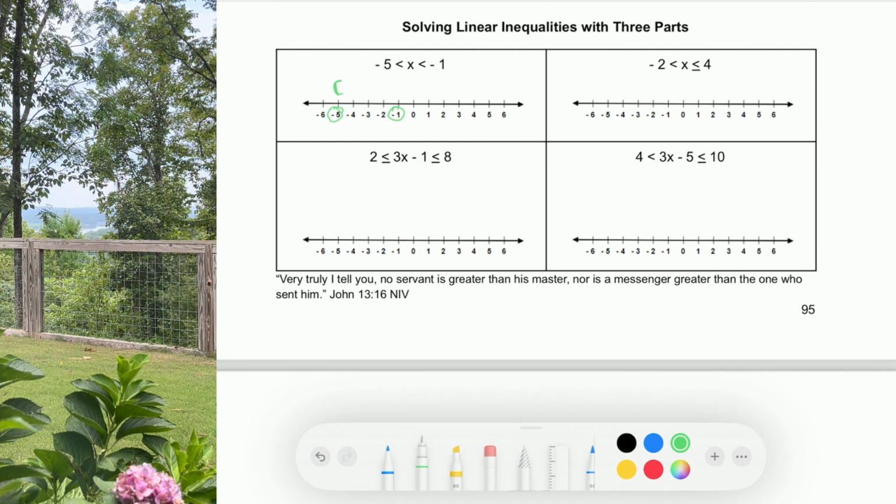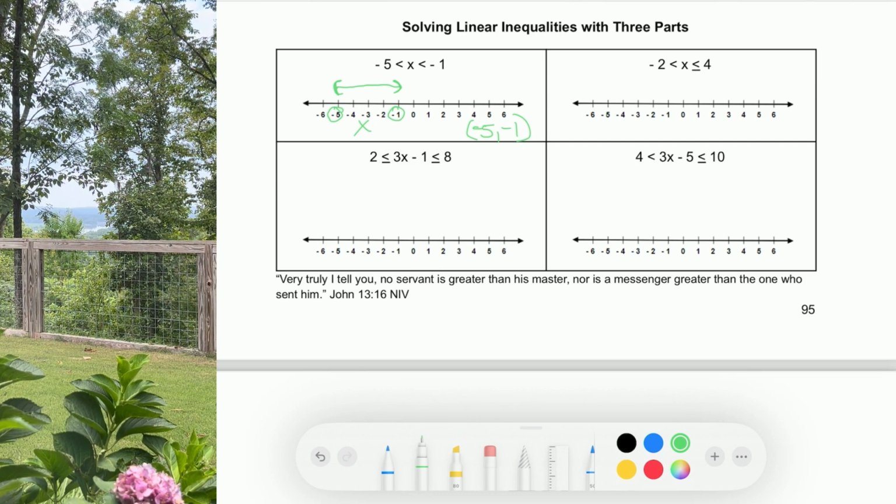The -1, its inequality is also not an or equal to. So -1 is not included. So it has a parentheses. And x is in between those numbers. So our value of x is in between those numbers. So the way we would write this one is going to be parentheses, -5, comma, -1, parentheses.